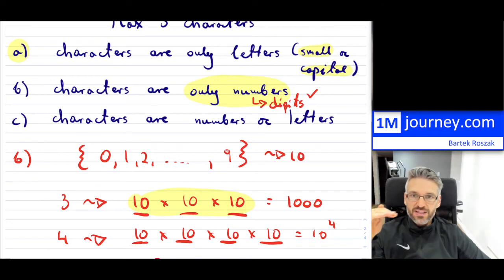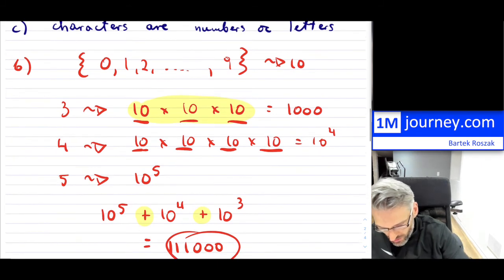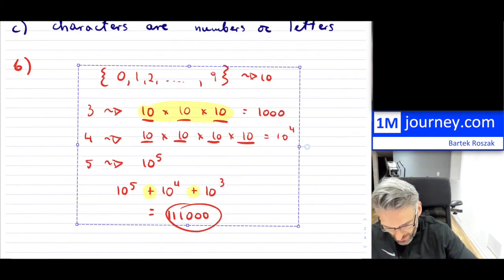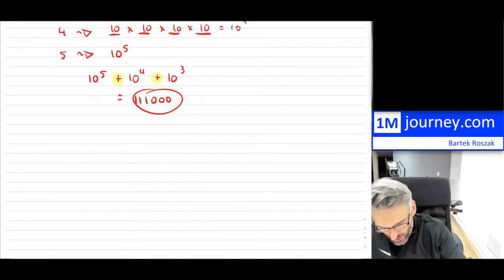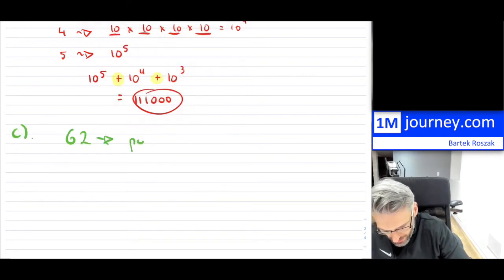So for each one, now all of a sudden, we have 62 possibilities. So if that was the case, I would redo all of this. Let me remove that, or at least shrink it. So for part C, now we have 62 possibilities.